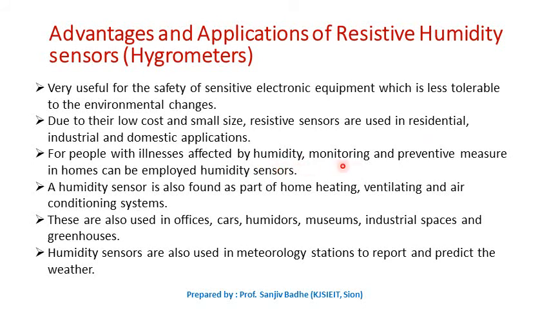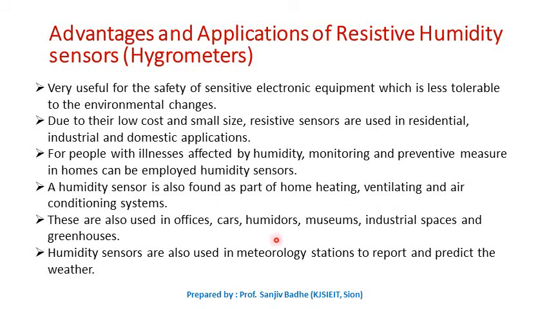They can be used in monitoring devices which can be employed in homes for the people whose health is affected by the humidity changes. Humidity sensor can be a part of home heating system or air conditioner system.